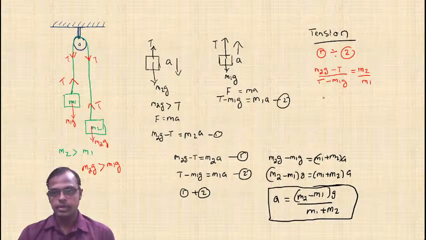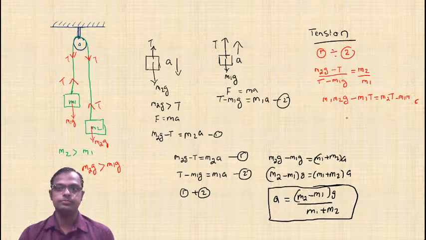You will get M1 M2 into G minus M1 into T is equal to M2T minus M1 M2 into G.